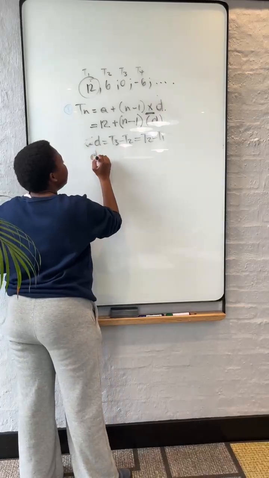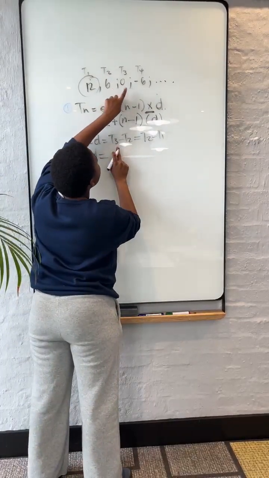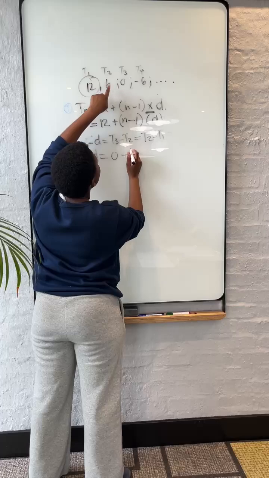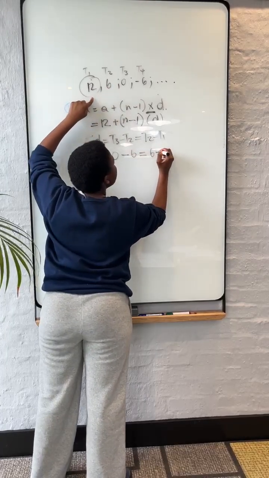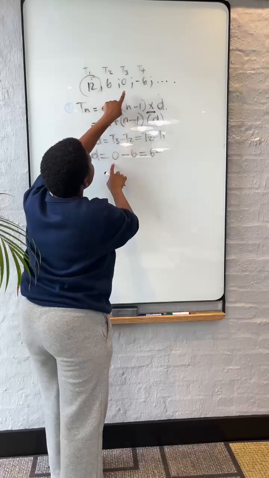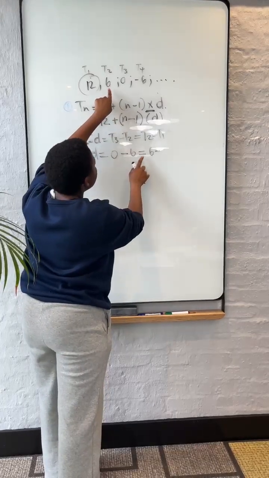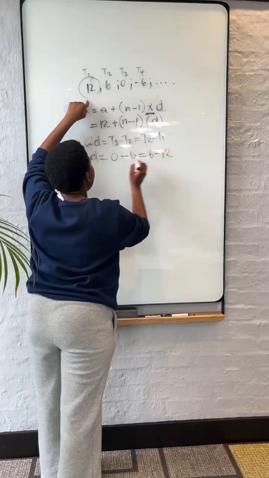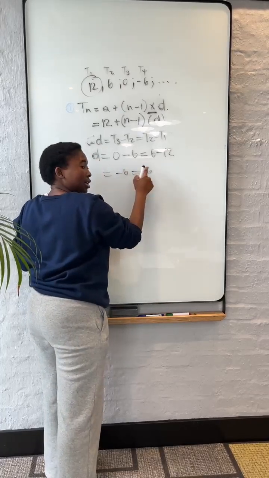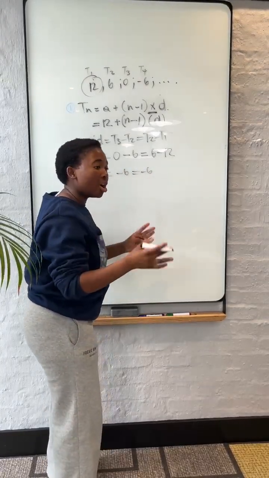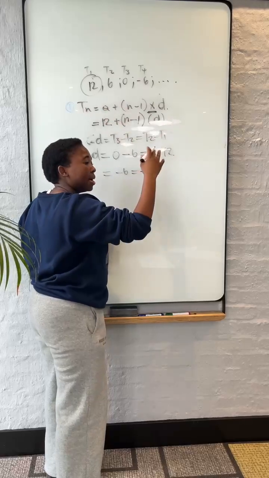For example, here D is equal to T3 is 0 minus T2 is 6, is equal to 0 minus 6 should be equal to 6 minus 12. Okay, yeah. So it's going to be -6, -6. This is equal to this. Therefore, D is constant and this is a linear pattern.